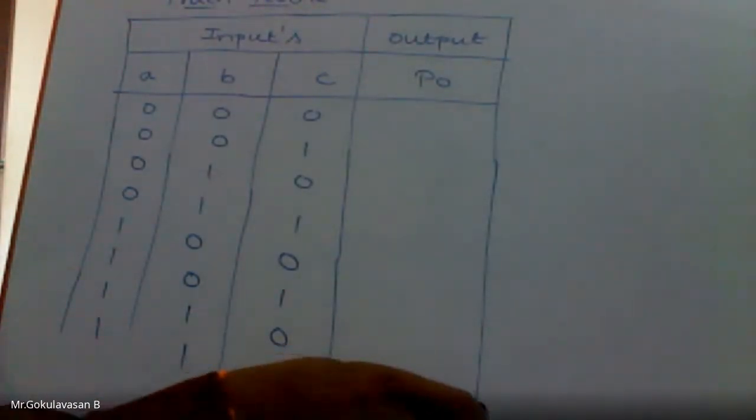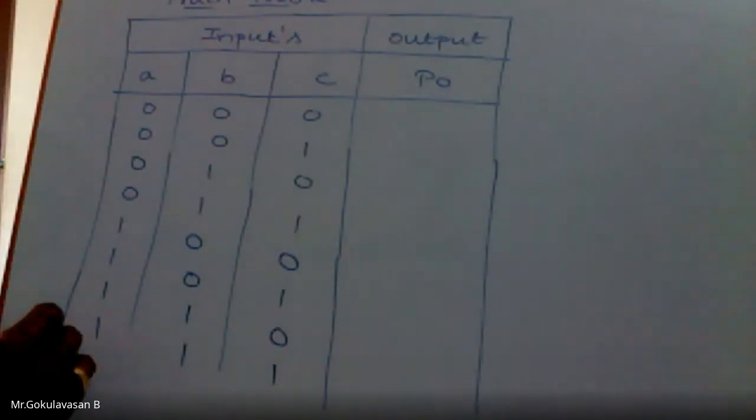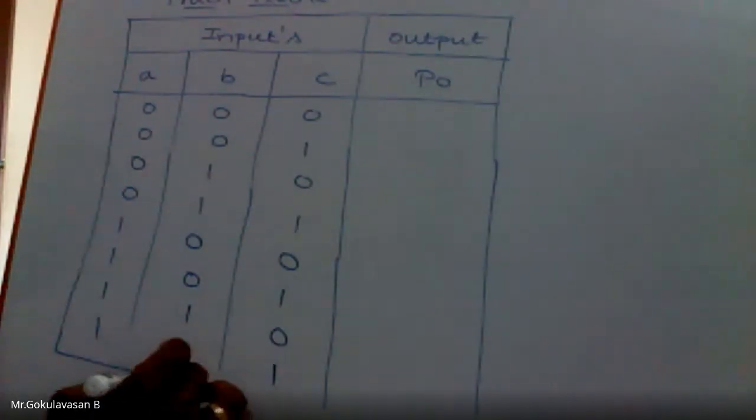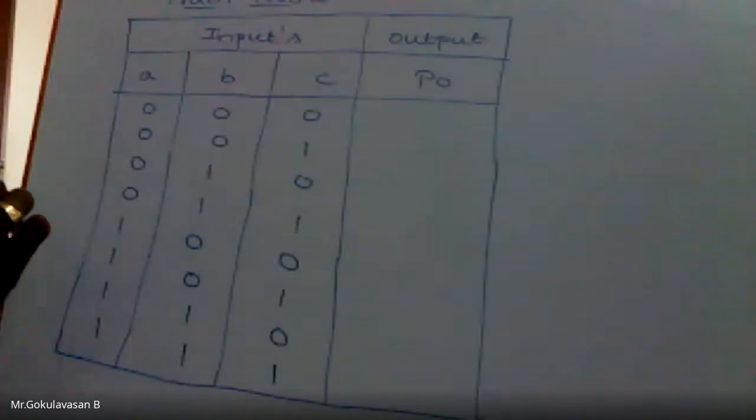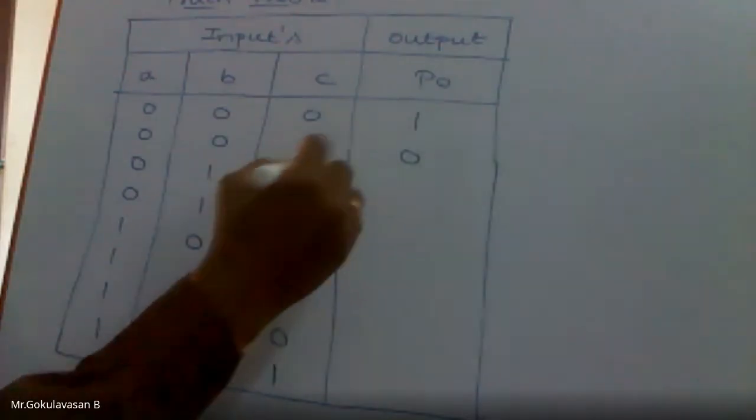Right or wrong? Yes, sir. Okay. Now, can anyone tell what the output values are? 1. The first is 1. Here, P0 is 1, okay? For the 0 combination, 0, 0.